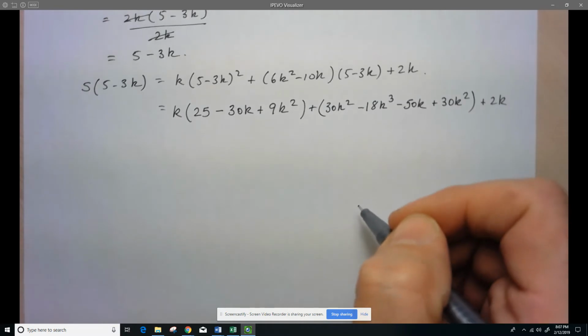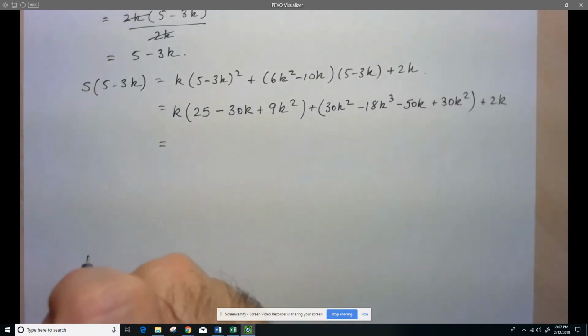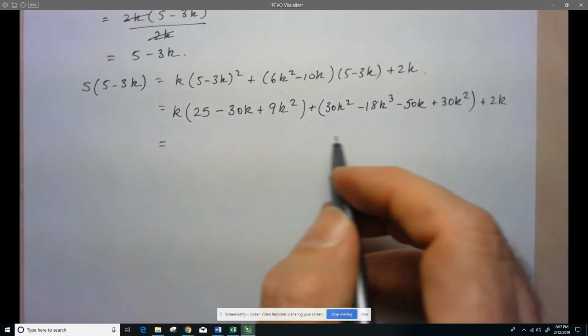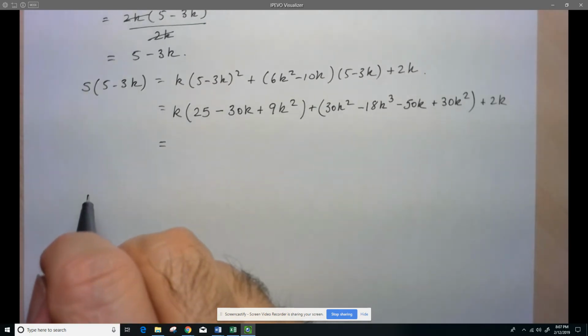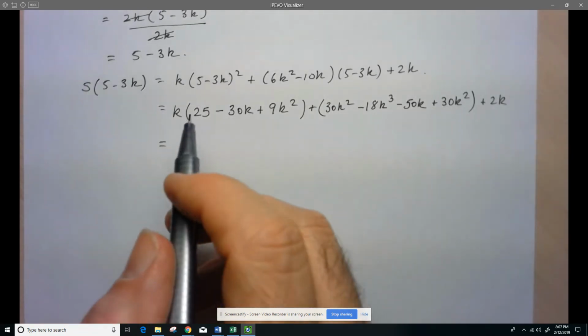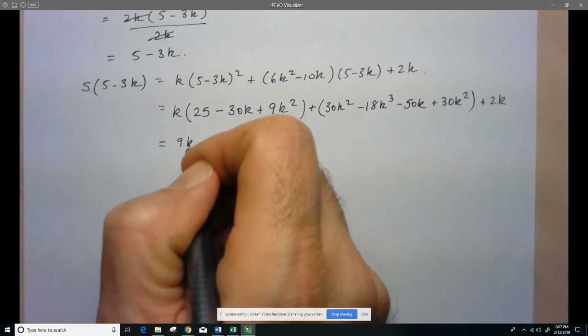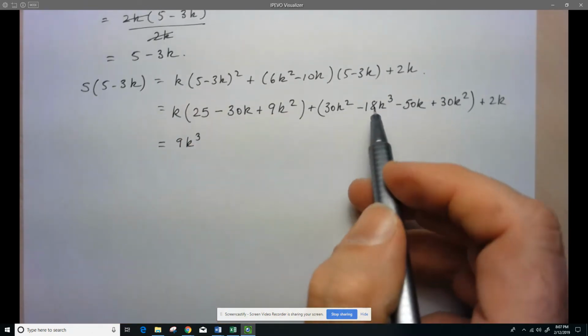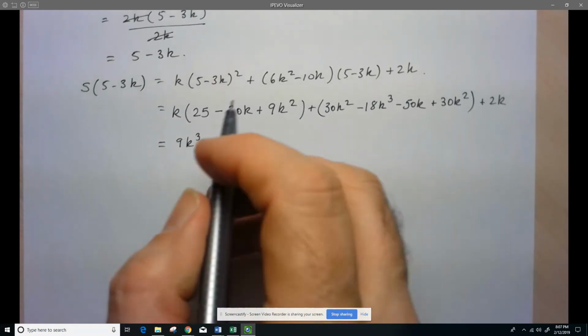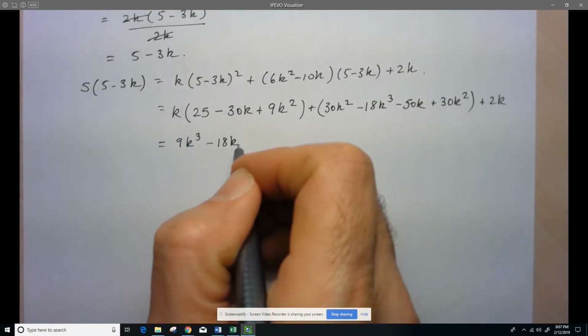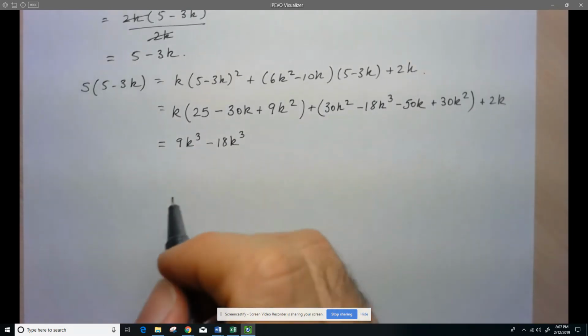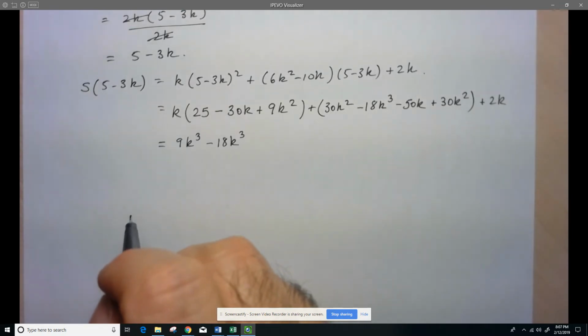Okay, so I'm going to write this out with all the like terms together to make the additions, and I'm actually going to write out a term just to make sure I don't make a silly mistake. So here we've got a k cubed term, so that's 9k cubed. Okay, and here we have a k cubed term, so that's minus 18k cubed. So certainly you could skip this step, but sometimes you just want to avoid making a silly mistake.